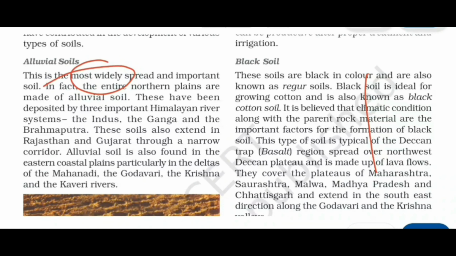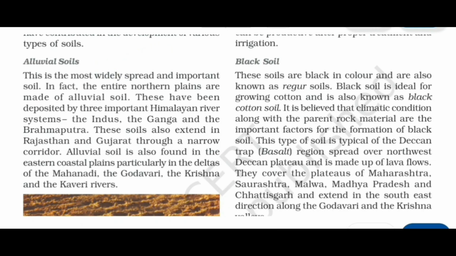That means out of the 6 soils, alluvial soil, black soil, red soil, laterite soil, arid soil and forest soil, this alluvial soil is the most widely spread. That means alluvial soil covers the maximum area of the country.